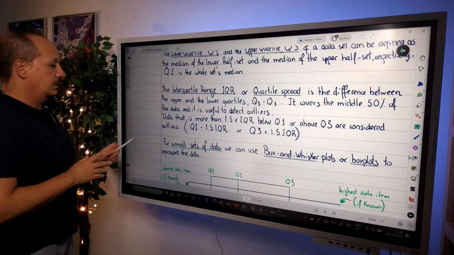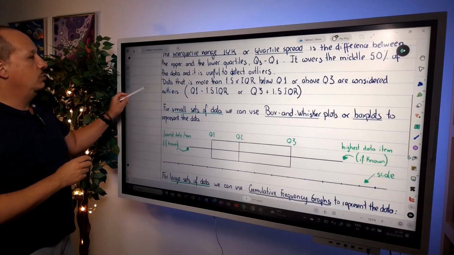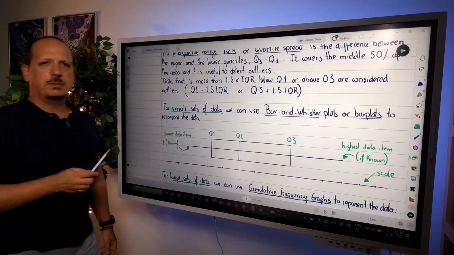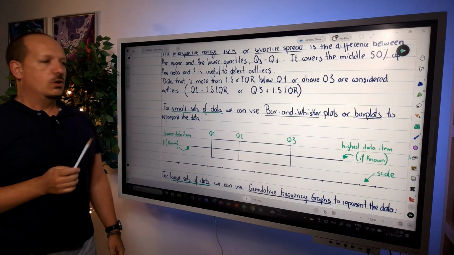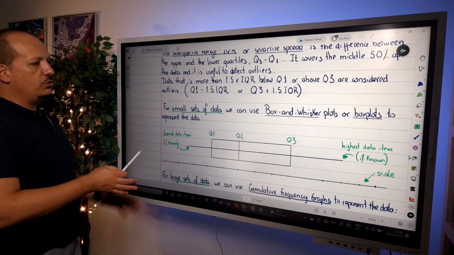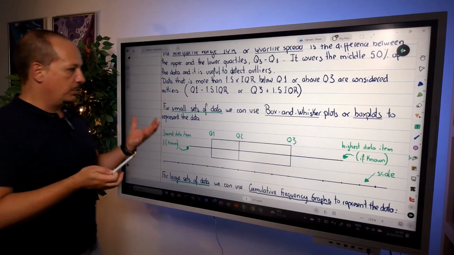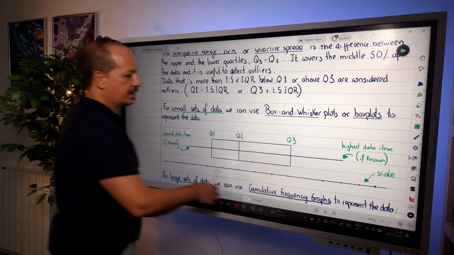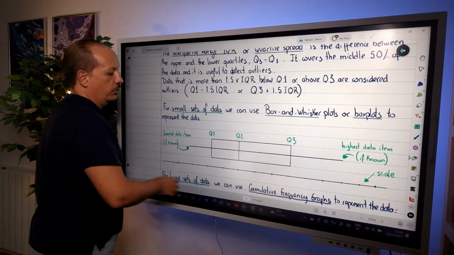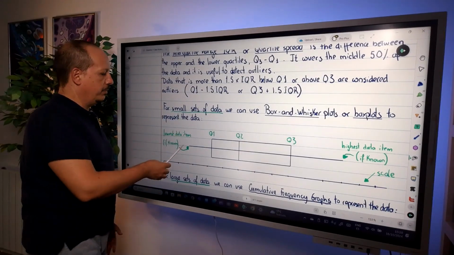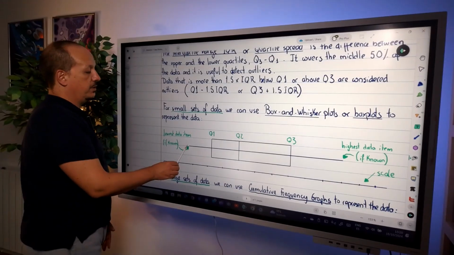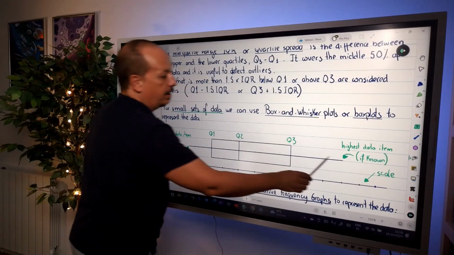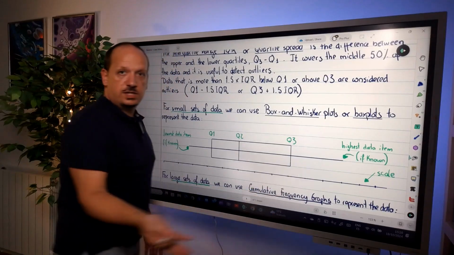For small data sets, you can do, I think that you talked about this in previous years as well, box-and-whisker plots. What is this? This is a very useful representation of small data sets in which you have a scale, in which you are able to plot the information. You have a line that goes from the smallest possible value to the biggest possible value, if this is known.